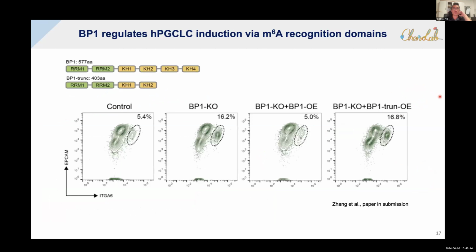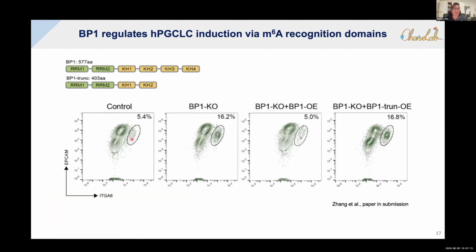To test whether this regulation is M6A dependent, we tried to rescue the phenotype of BP1 knockouts by overexpressing either the full-length BP1 gene, or the truncated form in which the KH3 and KH4 domains are truncated and fail to recognize the M6A modified RNAs.